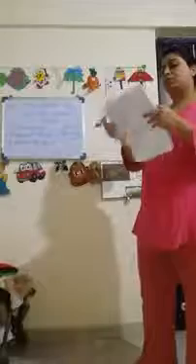Then the last one is the teacher estimate form. Now what is this? The teacher estimate form is a form where the teacher collects all the details about the child from various sources, and it is divided into 7 parts.